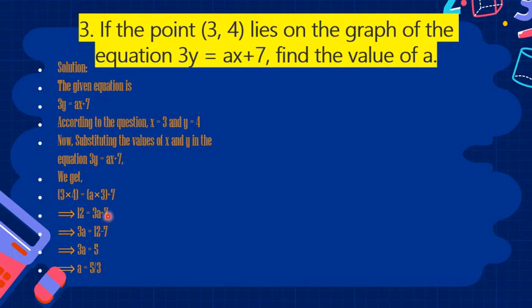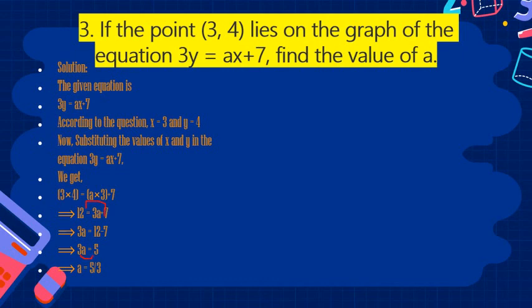First transfer plus 7 to here, and 3a will be here only. Transfer this plus 7 to here and it becomes minus 7. So 3a is equal to 12 minus 7, 3a is equal to 5, and finally a is equal to 5 divided by 3.